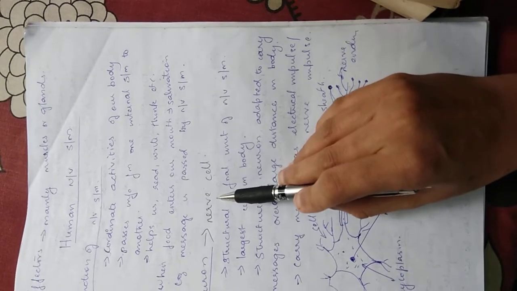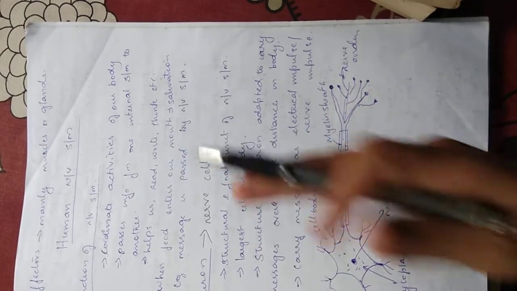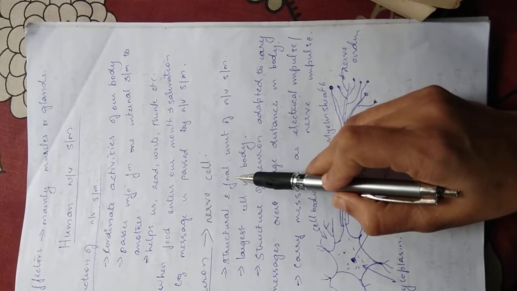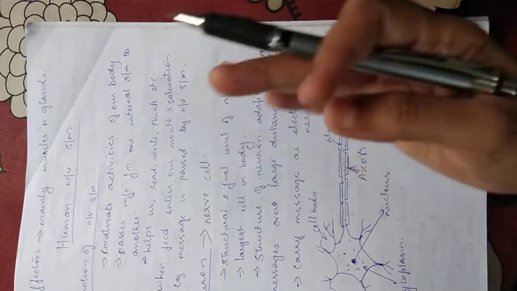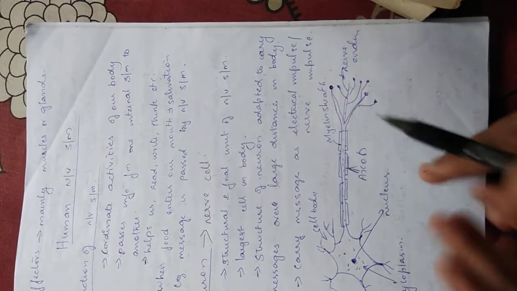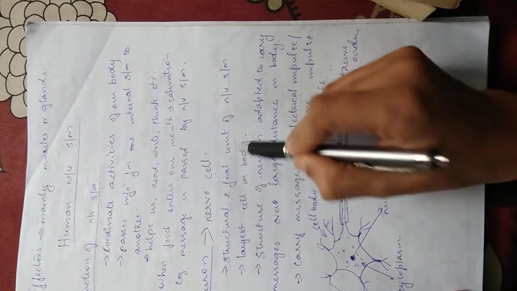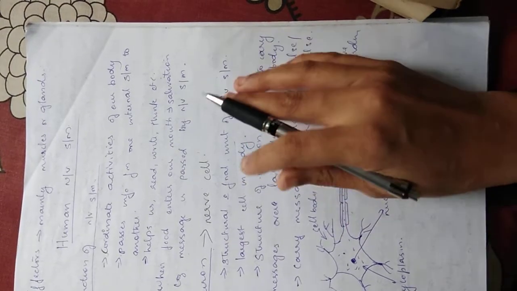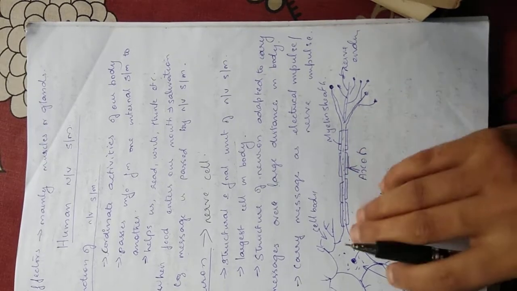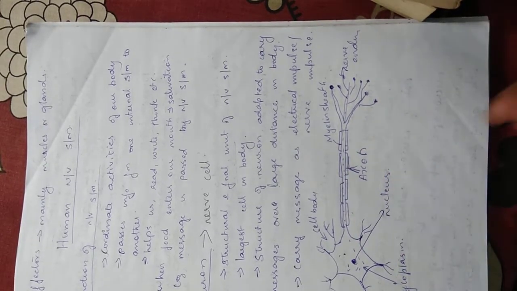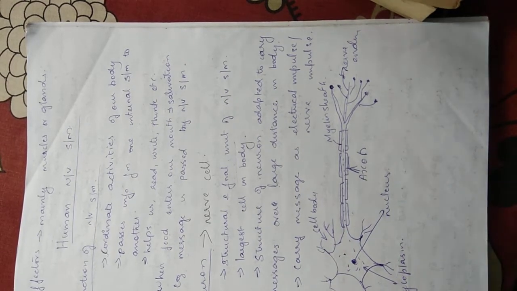And how does a nerve function? When you combine the way in which the neurons work, you get the way in which the nerve works. All the neurons together work for the nerve and ultimately make up the working of the nerve.